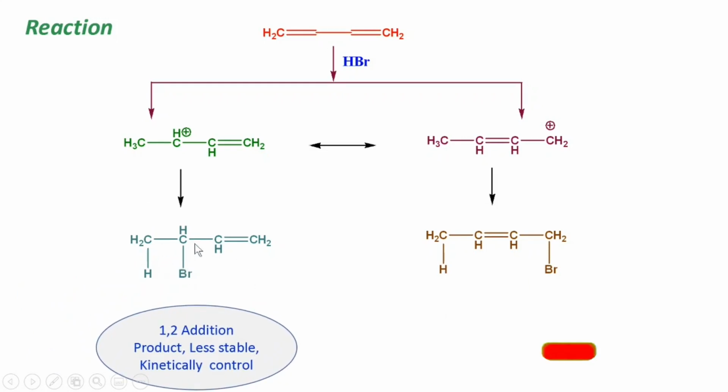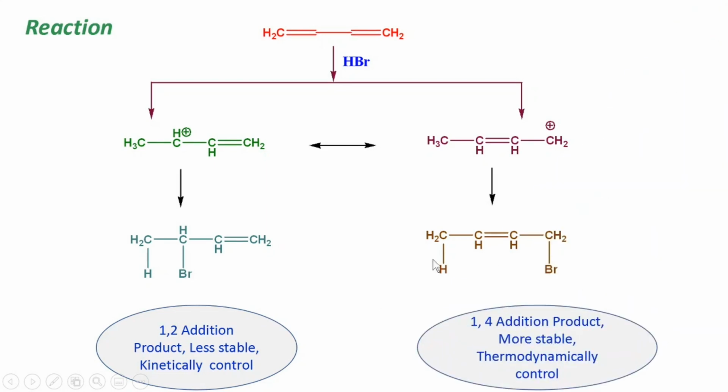This product is called the 1,2 addition product, which is less stable and which is also called the kinetically controlled product. This product is the 1,4 addition product, which is more stable and it is also called the thermodynamically controlled product.